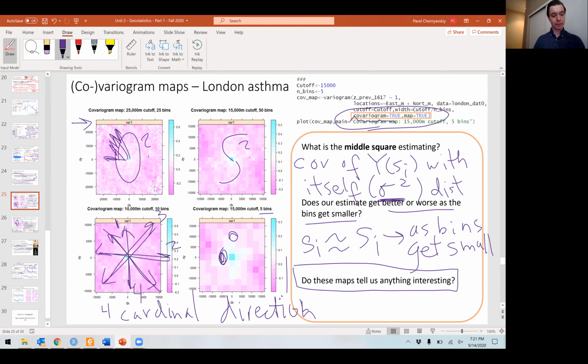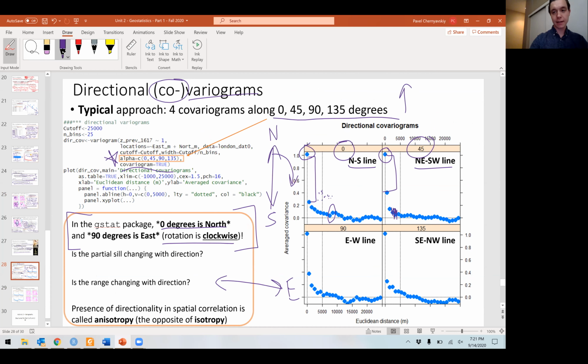90 degrees, remember 0 degrees is north, rotation is clockwise. So we started here and we rotated it by 90 degrees. So 90 degrees is now the east-west line. Again, sill, nugget, range. Pretty similar, honestly, to the northeast-southwest line.